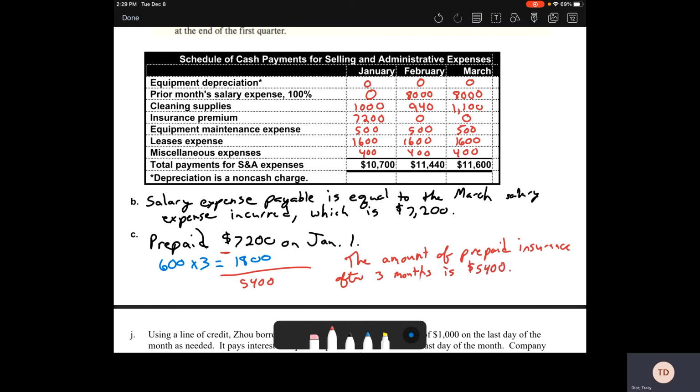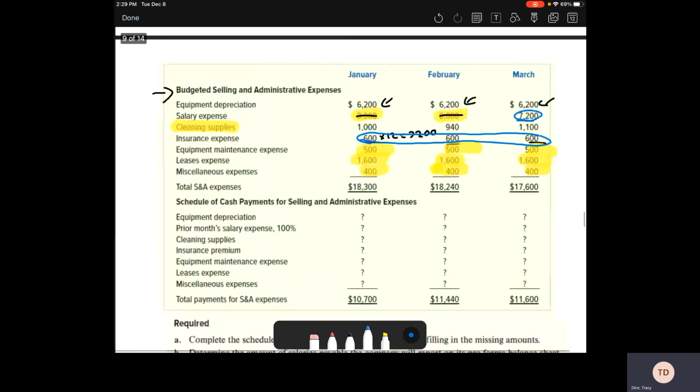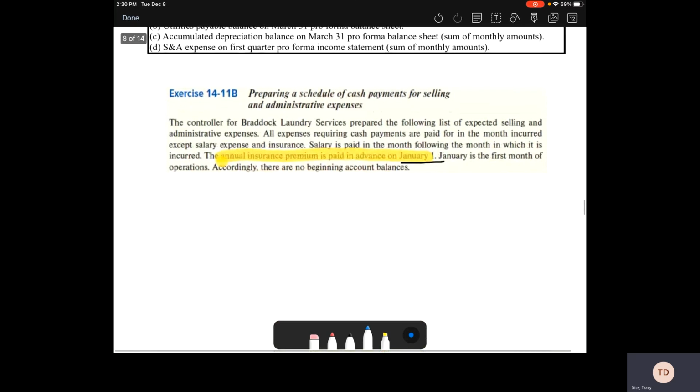Or you could put at the end of March, if you wanted to write it that way too, that would work. And that is exercise 14-11B.